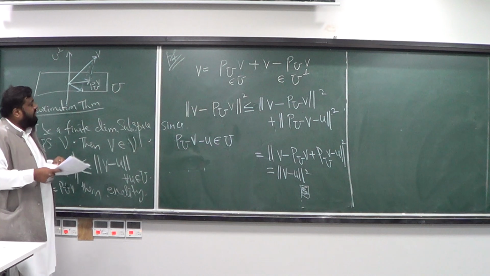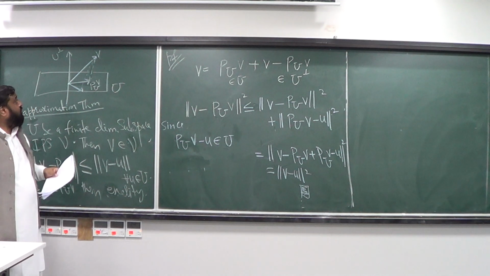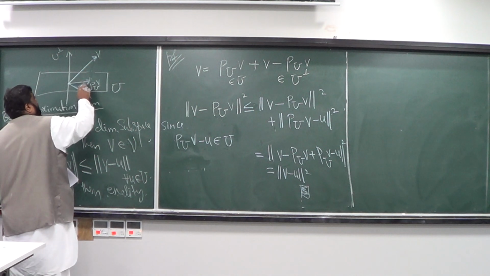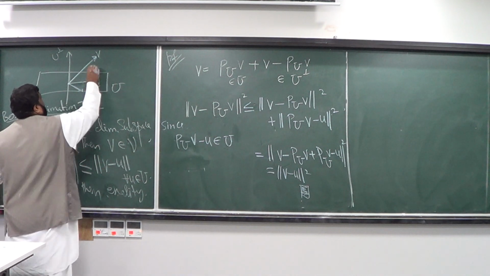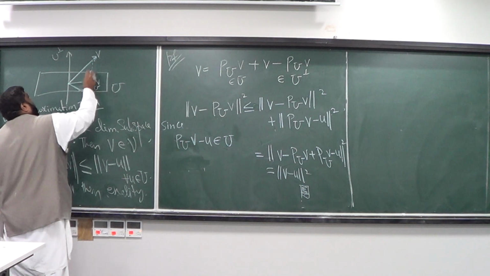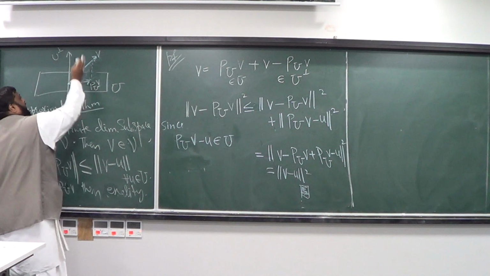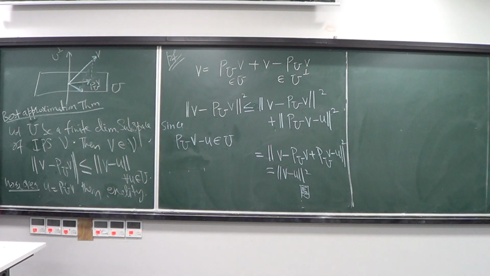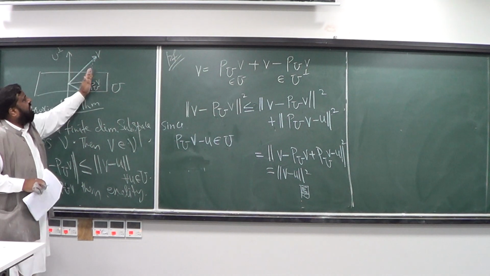I hope this is making sense to you, and you can also see this picture in the book. This is the straight perpendicular distance, and this is a tilted distance, so this distance is bigger than this distance.